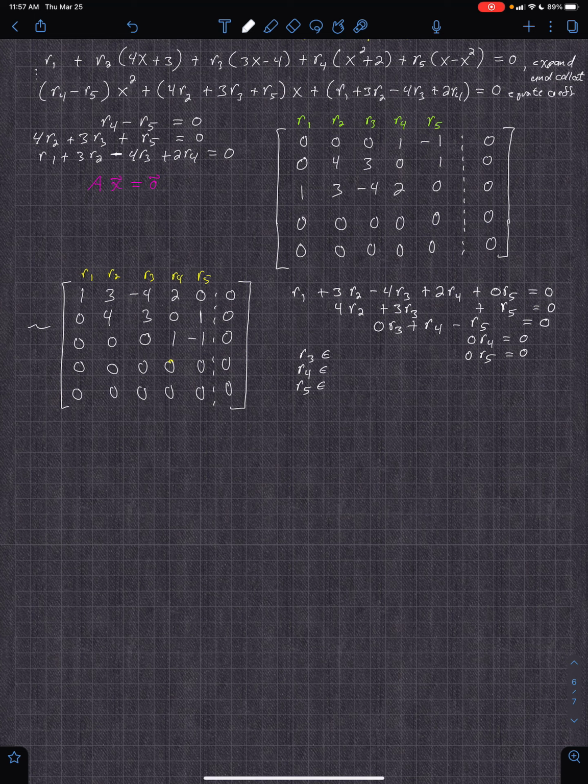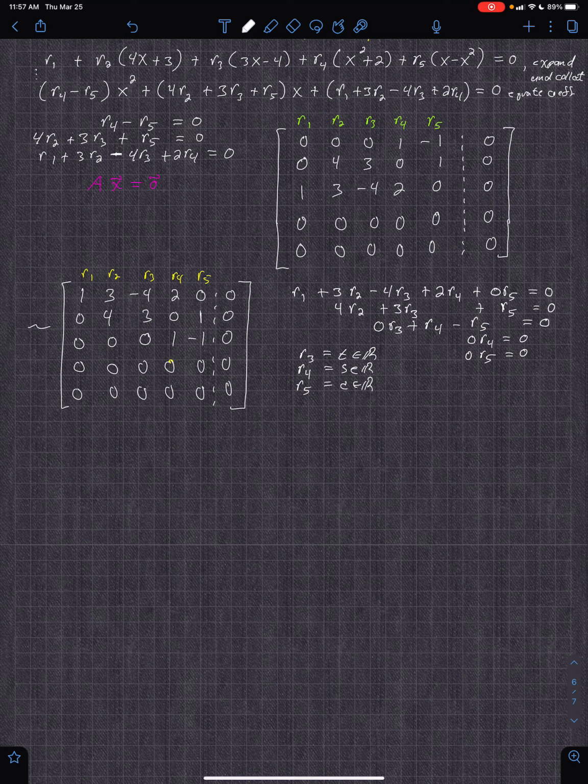So R3 we'll say is T and R, oops. I forgot to make those equal signs. Let's do this right. R, okay, so that's an R. Okay, then this would be S, and this I picked C. I'm going to choose them to be a value though.